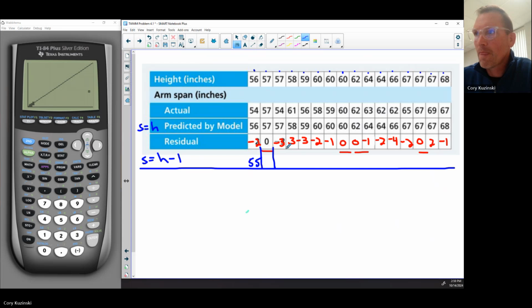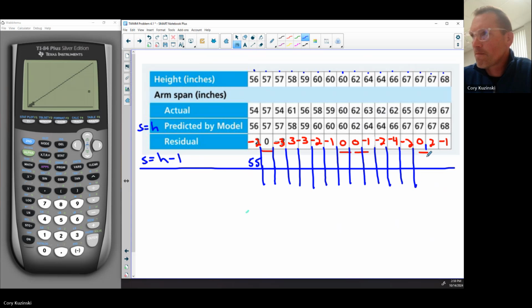And then should I extend this a little further? I'm just kind of extending this table. Let's add a couple rows. So 57 minus 1 is 56, and 57 minus 1 is 56, and 58 minus 1 is 57, and 59 minus 1 is 58, and 60 minus 1 is 59, and 59, and 59.